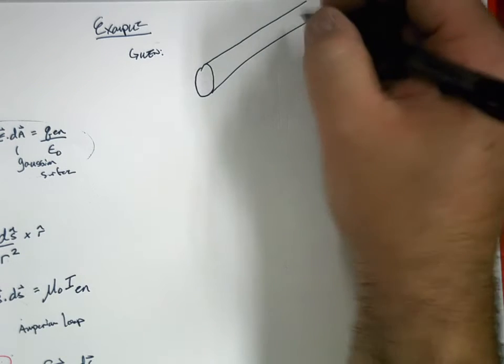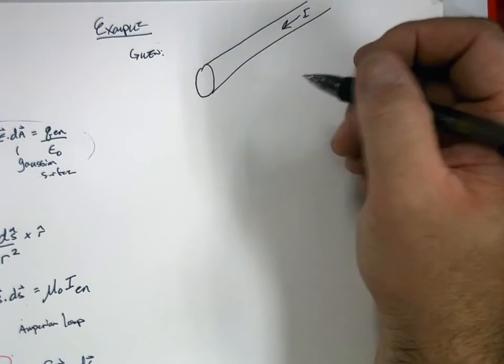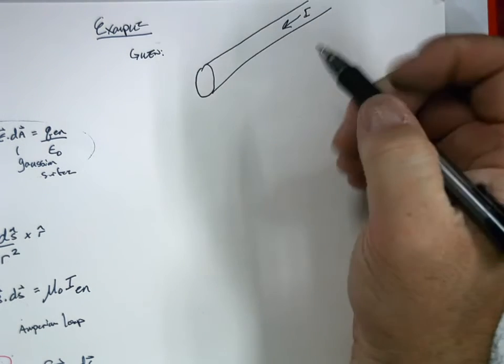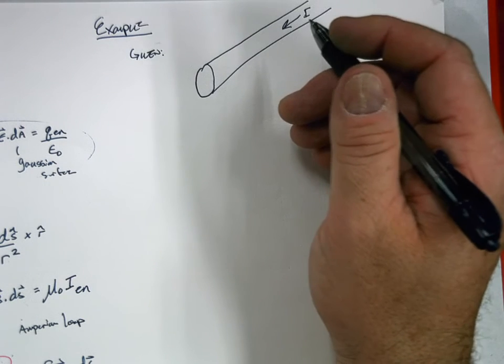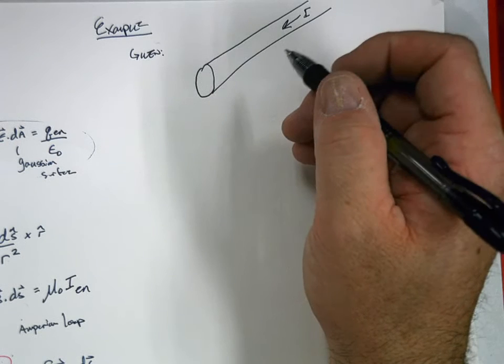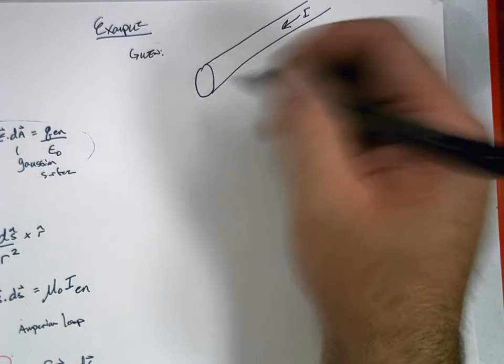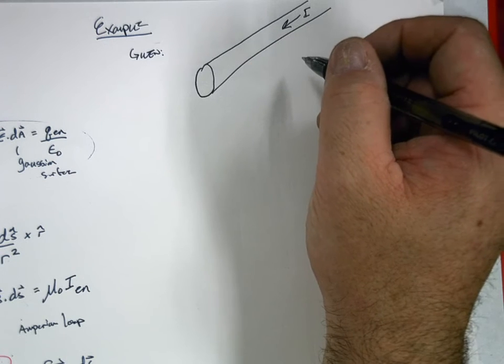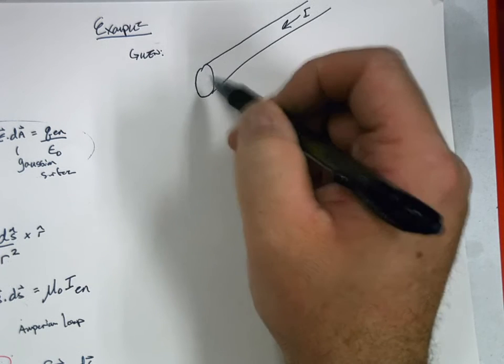In this wire, we have a uniform current, or a current density, shall we say, that the current per cross area is uniform. You follow me there? That there are no fluctuations in the current density as we go through this wire.